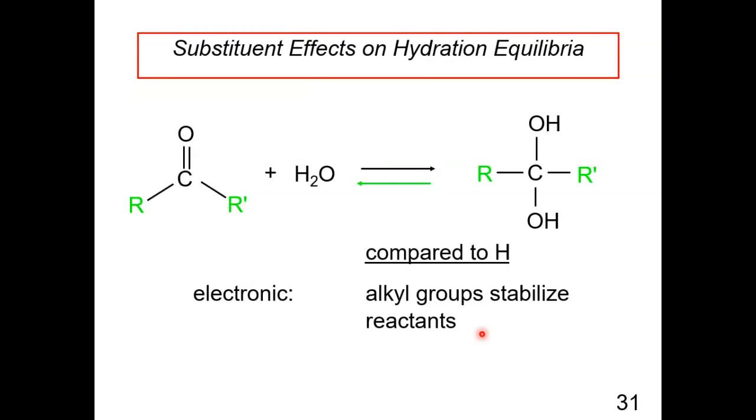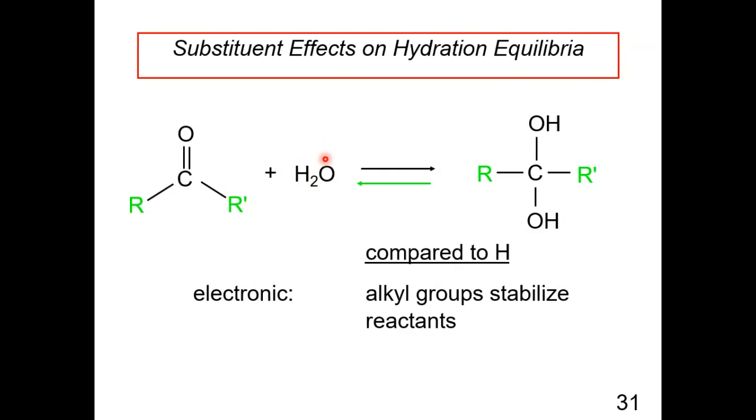The reason is, when you look at this equilibrium constant, it is really decided by the relative stability of the reactant and the relative stability of the product. One reactant is water, you cannot change it.